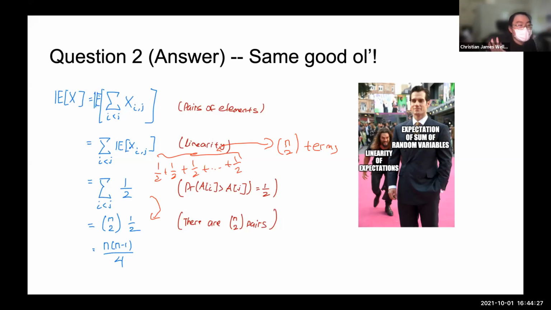If anyone is not clear how you get n choose 2 pairs, I get some people don't know how this n choose 2 comes about. Combinatorially, imagine you have n elements.